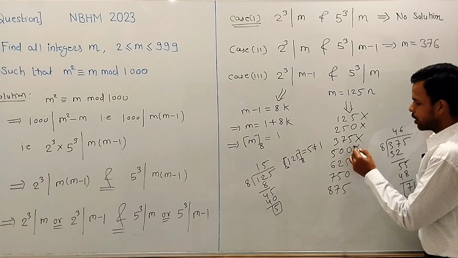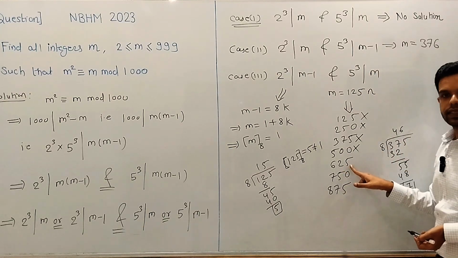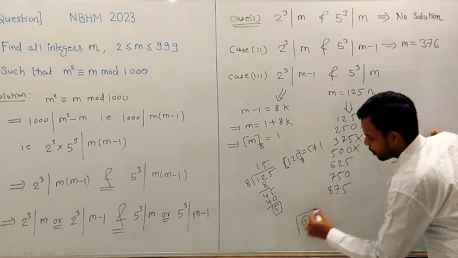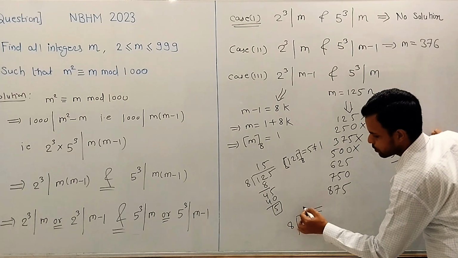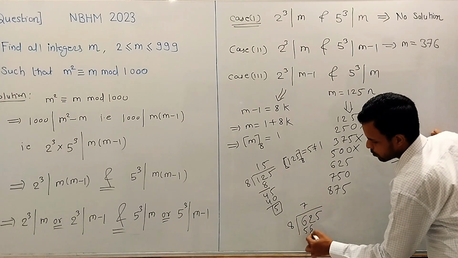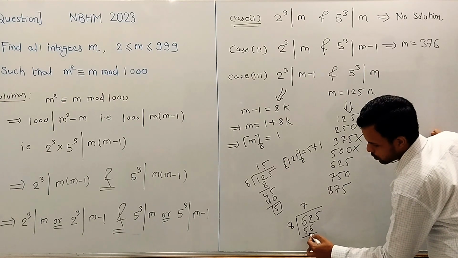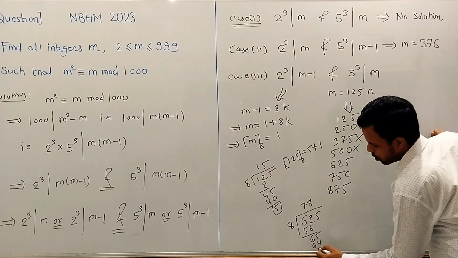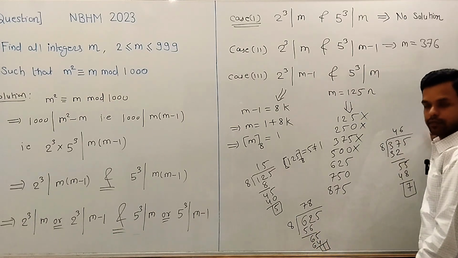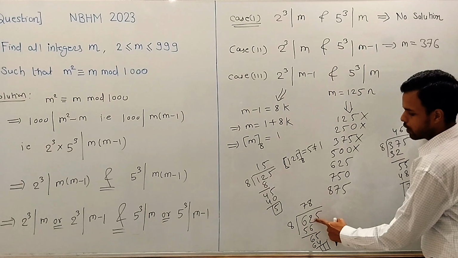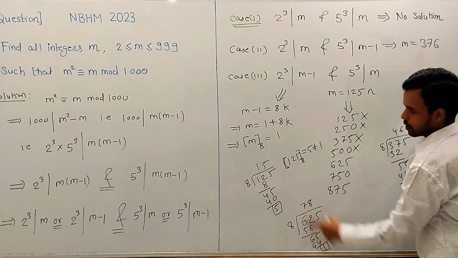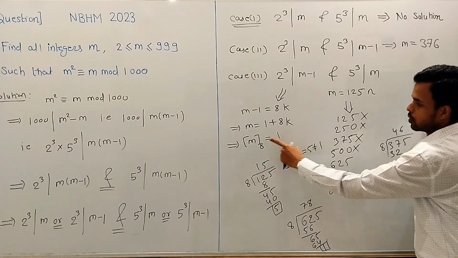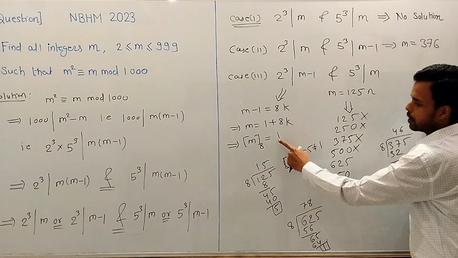Similarly, you can verify that 500 is also discarded. Now let's verify for 625. Now when you divide 625 by 8, you get remainder 1. So 625 modulo 8 is equal to 1.